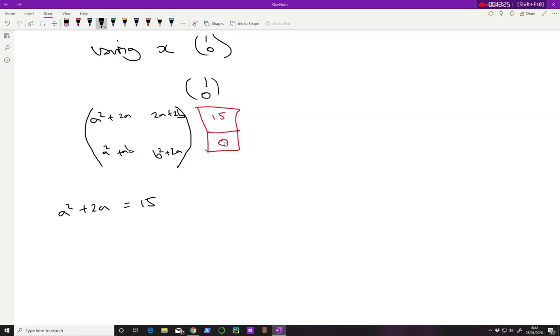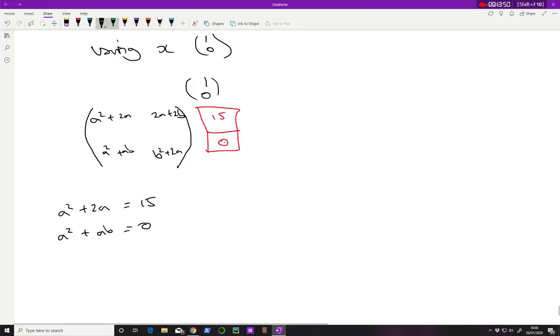And I ignored the 2a plus 2b because that multiplied by 0 is 0. I don't need to include it. For the bottom one, it's going to be b squared plus 2a times 0, which is 0, so I ignore that. Then move outwards, so a squared plus ab times 1 gives me 0. So my second equation is going to be a squared plus ab equals 0.